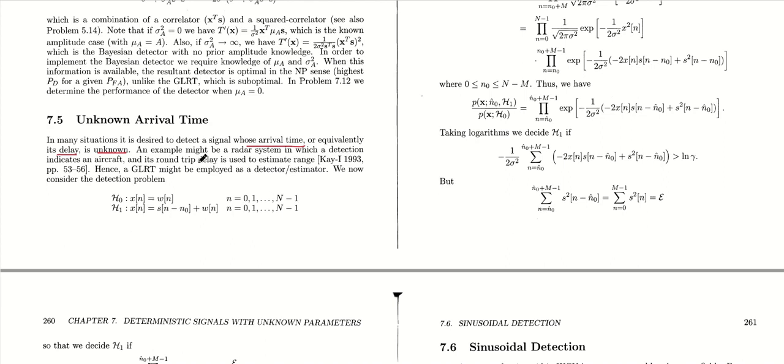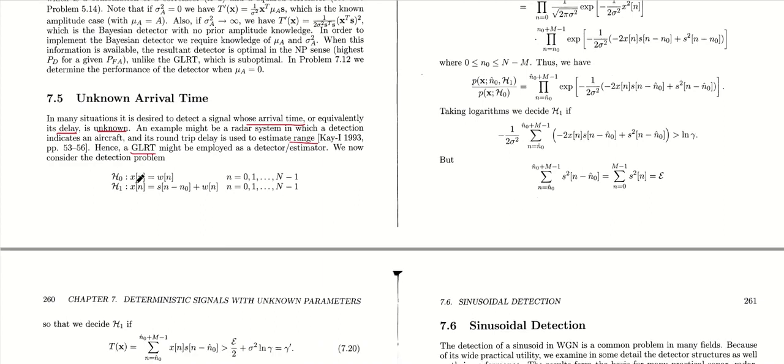Because if you multiply the arrival time with the velocity, it becomes range. So arrival time in a lot of situations would indicate an estimate of the range. So a GLRT might be employed as a detector.